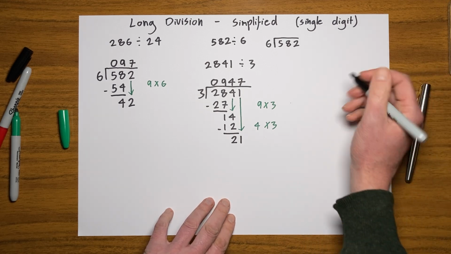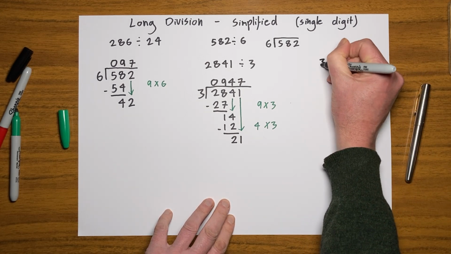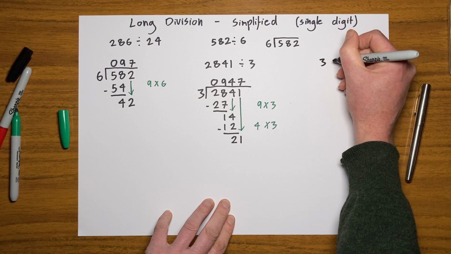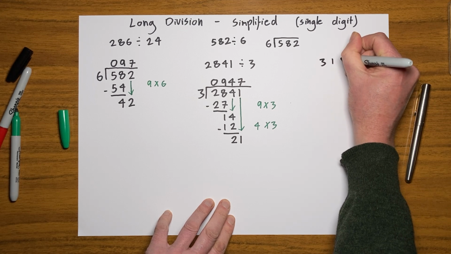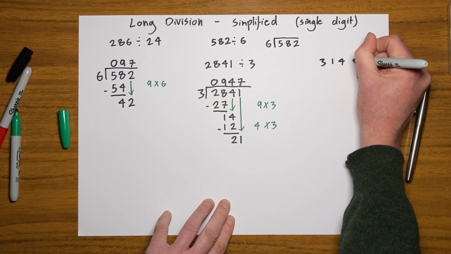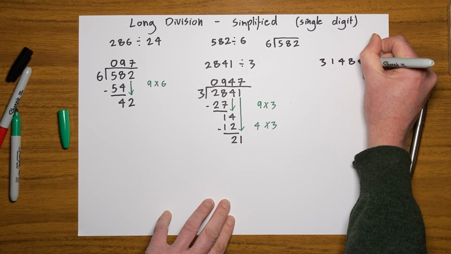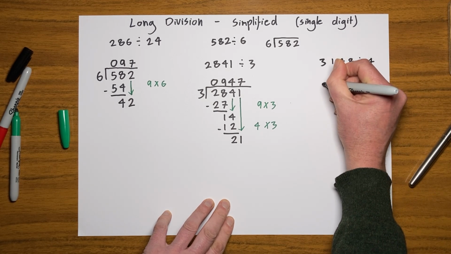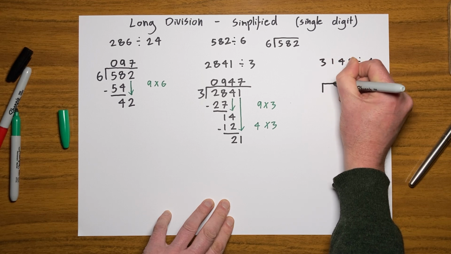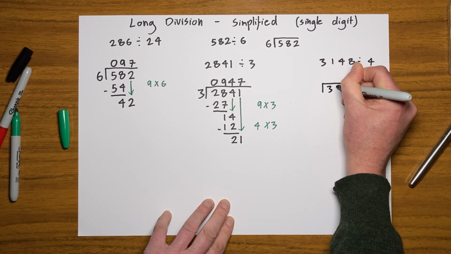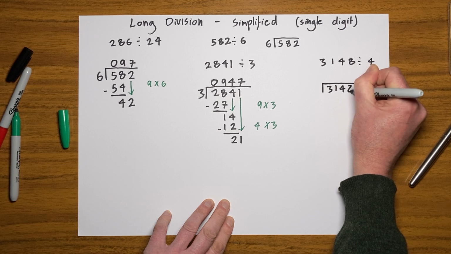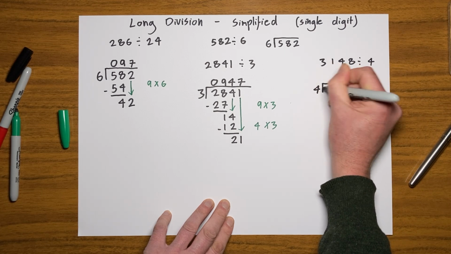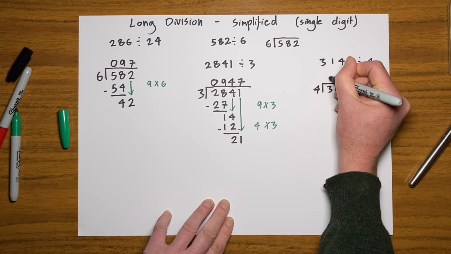Let's go for 3,148, and we'll divide that by 4. So let's set my bus stop up. 3,148 divided by 4. How many 4s in 3?